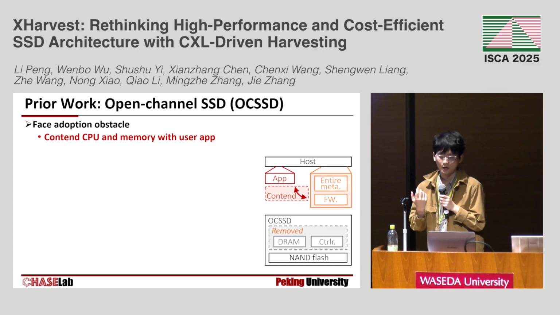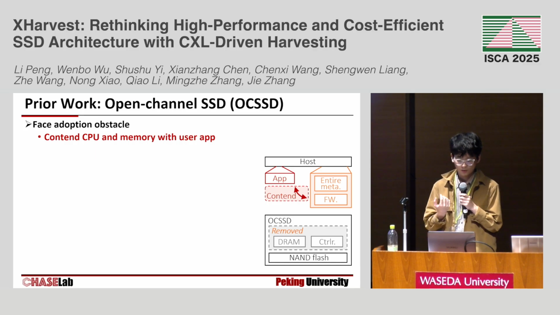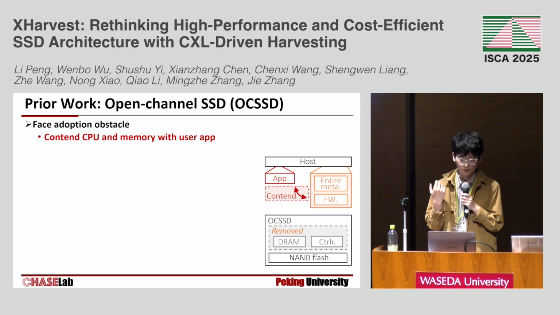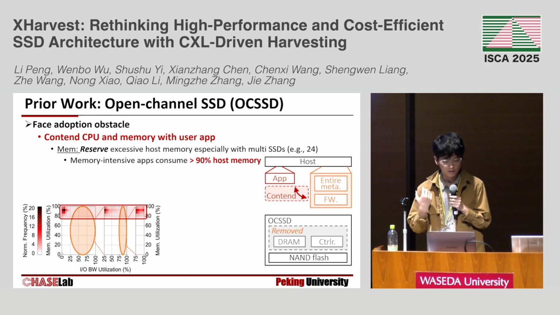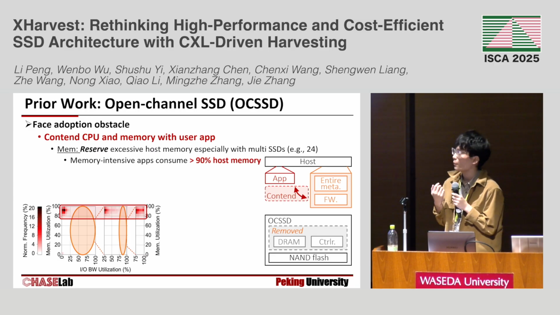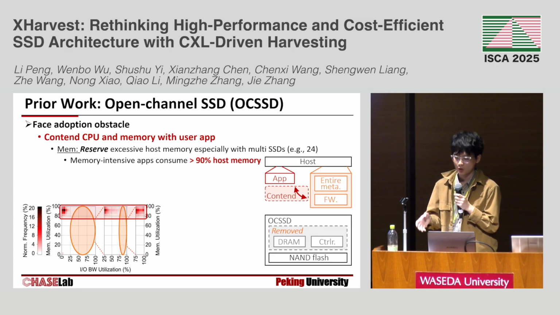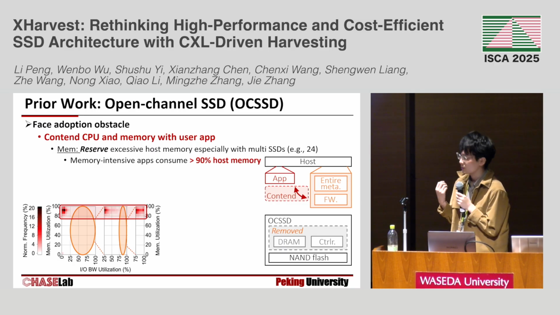However, this architecture faces adoption obstacles. The OCSD simply replaces the SSD internal resources with host resources, which introduces host side resource contention with user applications. Specifically, OCSD statically reserves excessive host memory for metadata, especially when deploying multiple SSDs, such as the common 24 SSDs equipped in current storage servers.